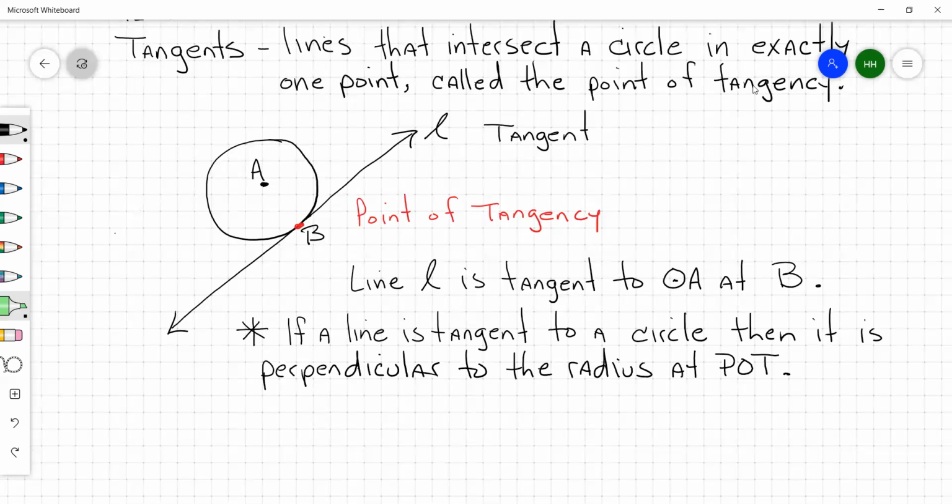And POT means point of tangency. I don't want to write that out again. Here's P, O, T, and here's POT.